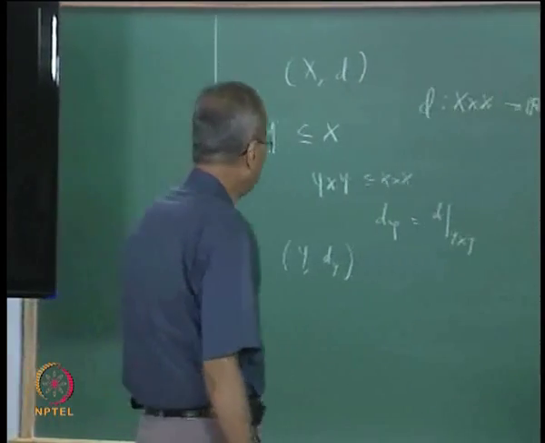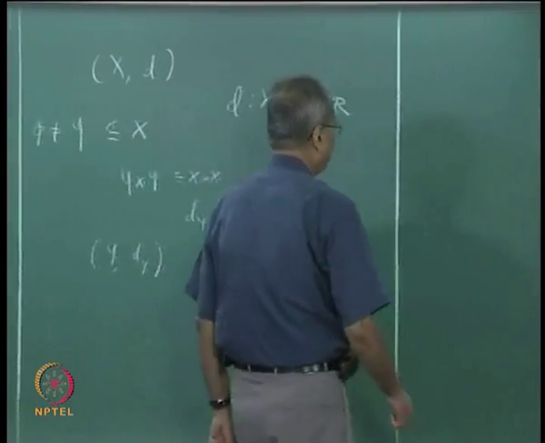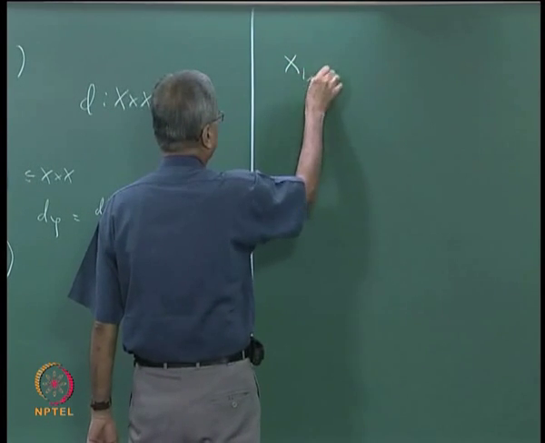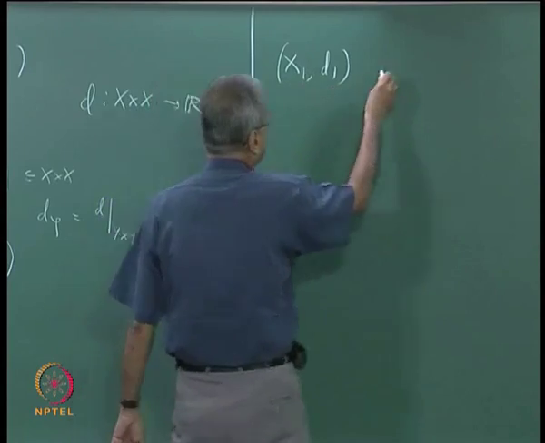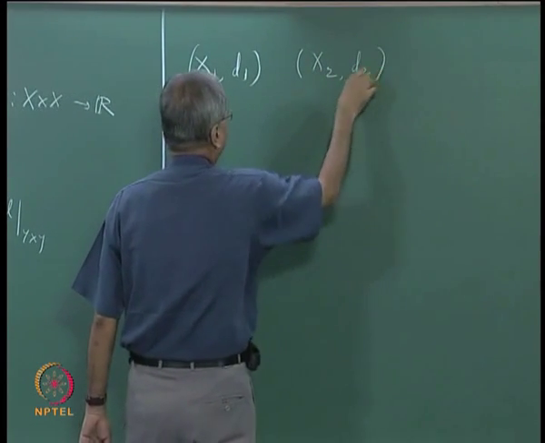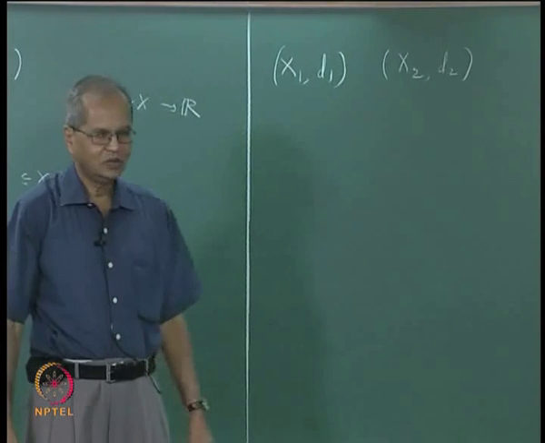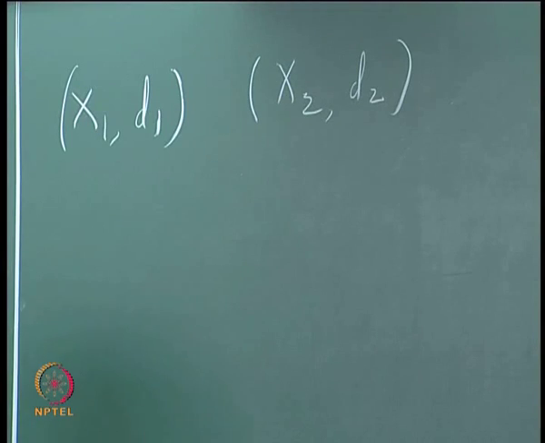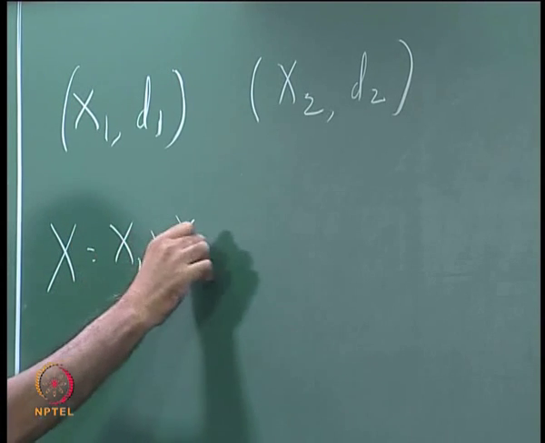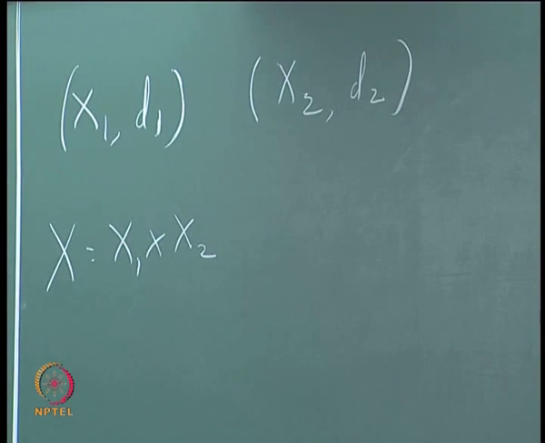Another method is that suppose we take two metric spaces (X1, d1) and (X2, d2). I am not saying that X1 and X2 must be distinct. They can be the same also as a particular case. So take X as X1 cross X2, that is the Cartesian product.